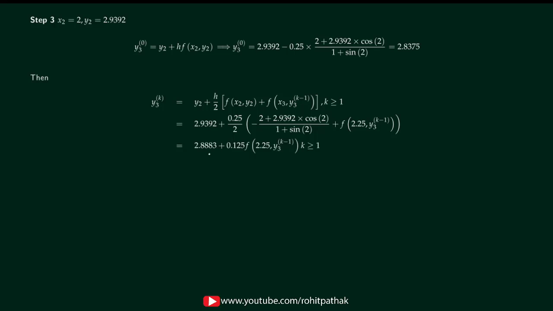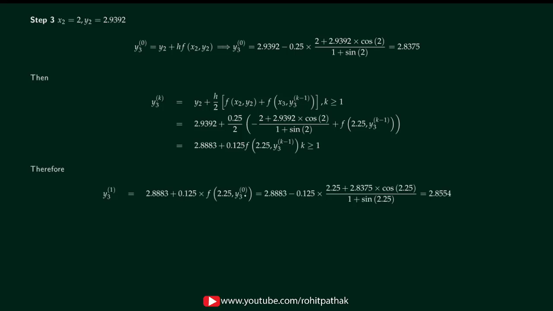So we calculate it as 2.883 plus 0.125 f of 2.25, y3 k minus 1. Using various values of k, you can find better approximations to y3. y31 is given by putting k equal to 1 here. y30 we have already obtained here. Using y30 we get the next better approximation to y3 as 2.8554.